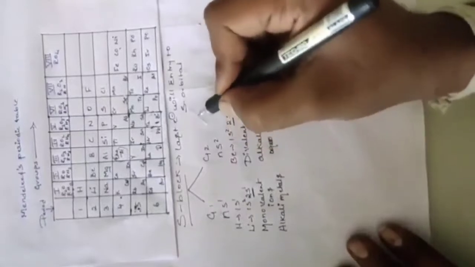The general electronic configuration of the s block is ns1 to 2.